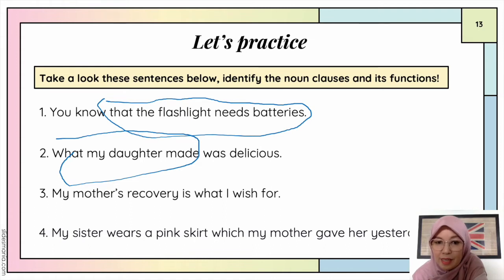Its function is as subject. Continue to number 3. Can you find the noun clause? Very good, you're correct. The noun clause is what I wish for. How about its function? That's right. Its function is as subject complement.